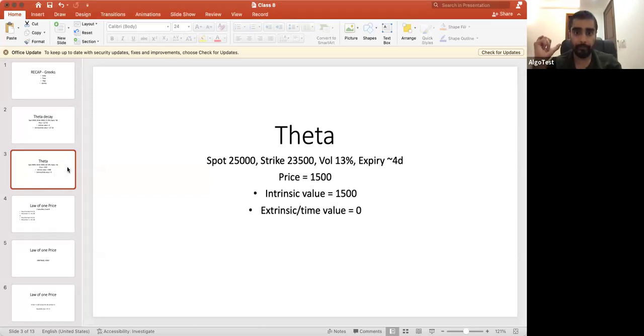My theta was fixed. I didn't know what the underlying was going to do. There was an anticipation that the underlying will do something, which is why I sold the option and collected the theta. I would have wanted the underlying to do nothing, but it has now moved aggressively against me, right?